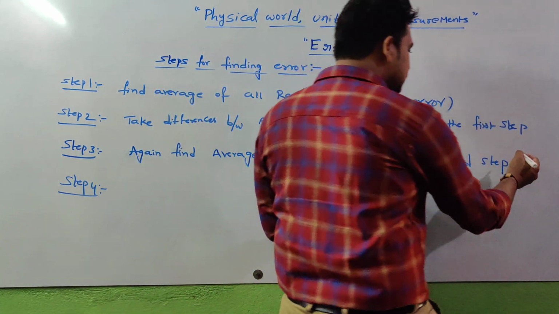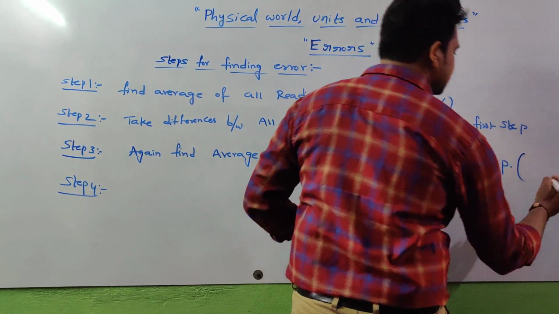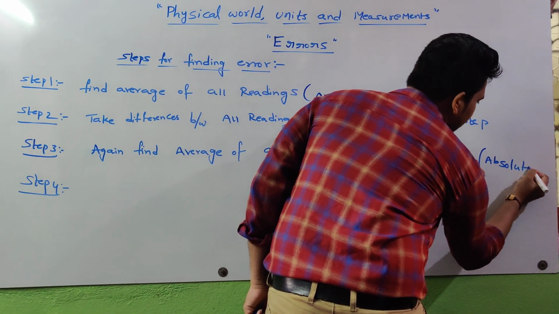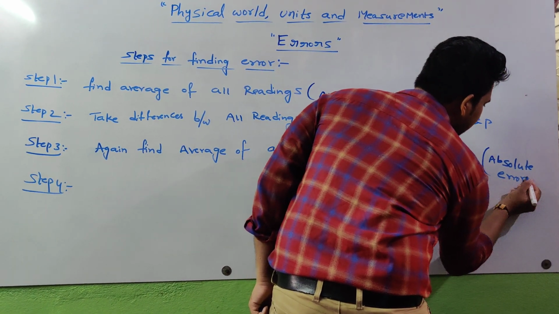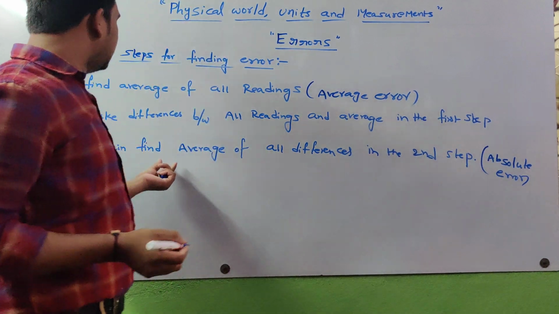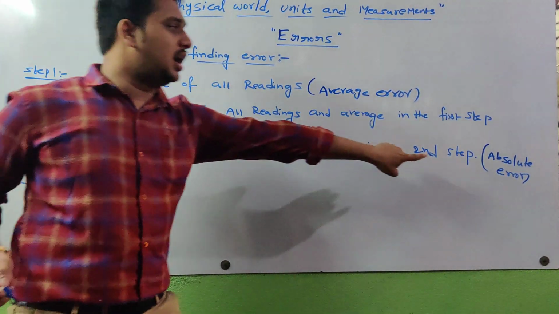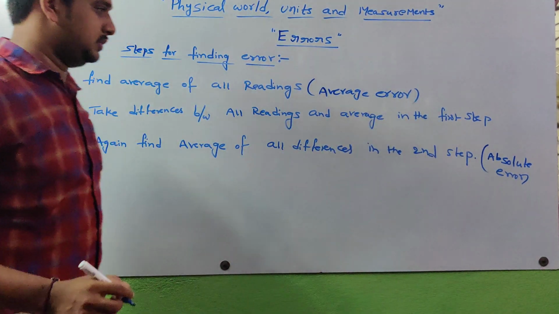This is also called absolute error. That means we need to find the average of all the differences in the second step, and we get the absolute error.